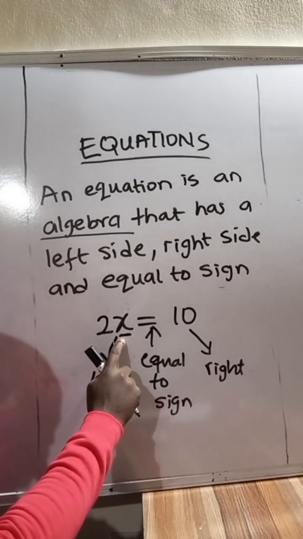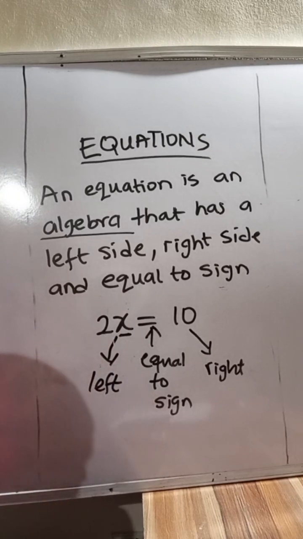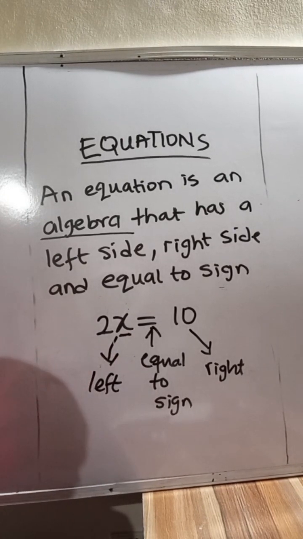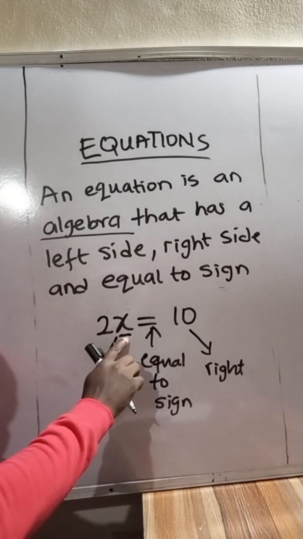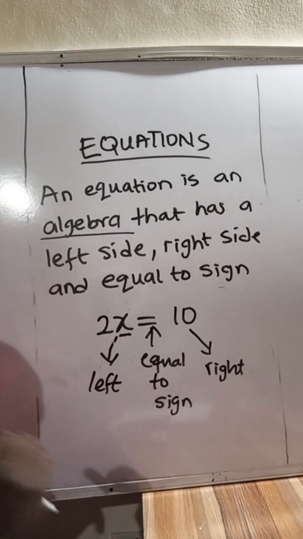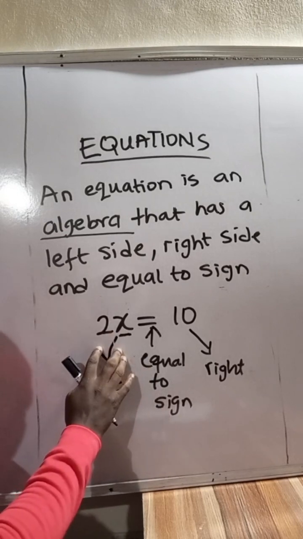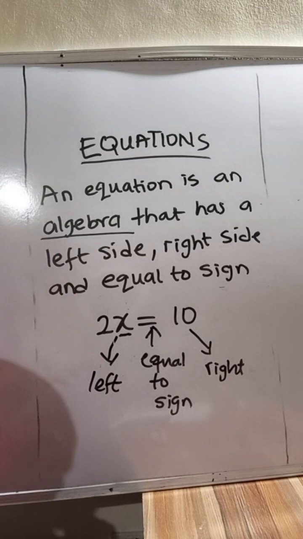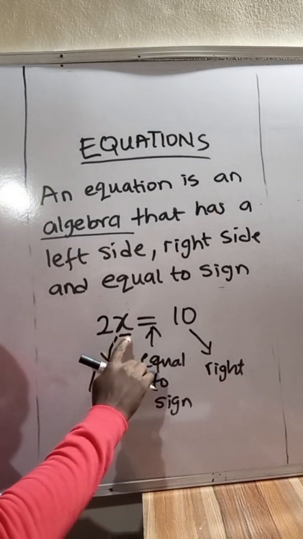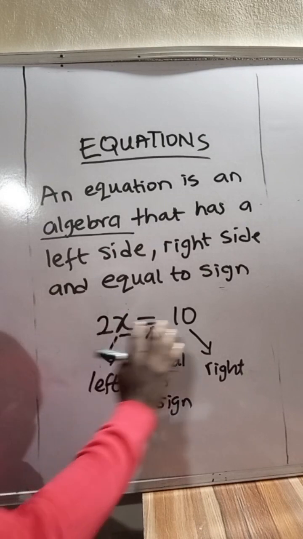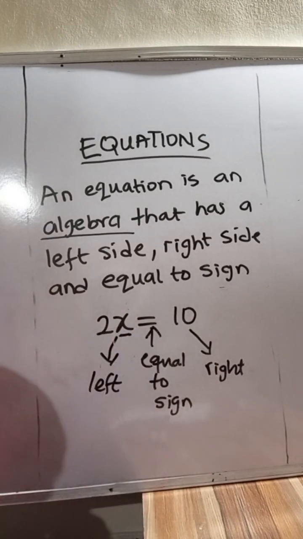In this example, X is actually a number, but because we don't know what that number is, we represent it with an alphabet. So solving an equation simply means finding the value, the numerical equivalent of X that makes the value on the left equal to the value on the right. So whenever you get the value of X, you must ensure that the left side of the equation equals the right side of the equation.